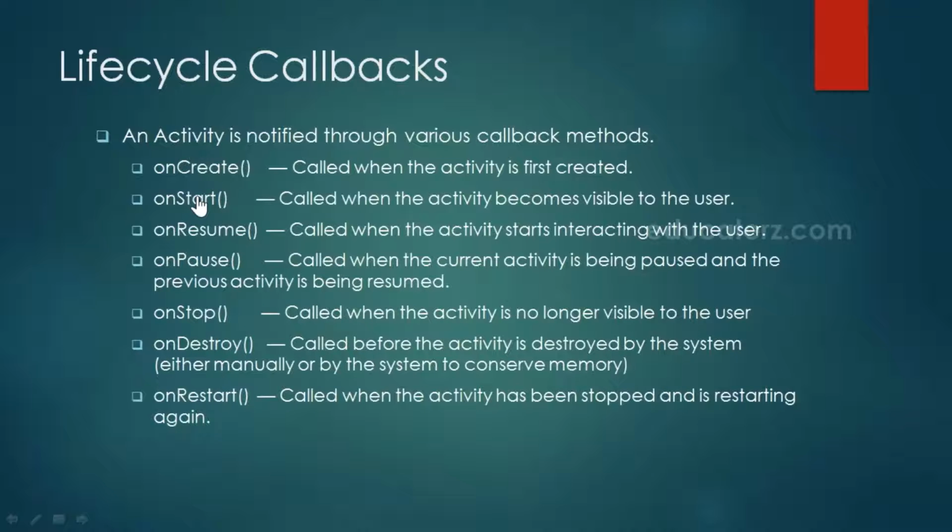Already I told you in the previous session that the name itself will give you the definition of what it is about. onCreate: this method is called whenever you create the activity for the first time. The next one, onStart: it is going to start something.